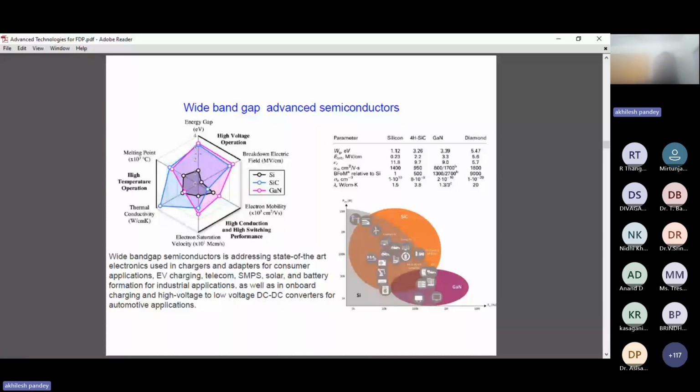Its band gap is also low. Its electron mobility is slightly high as compared to silicon carbide, but low as compared to gallium nitride. Its electron saturation velocity is also low as compared to silicon carbide as well as gallium nitride. Thermal conductivity is low as compared to silicon carbide, but almost similar to gallium nitride, and the same goes for melting point.